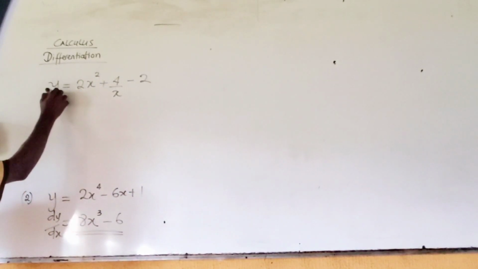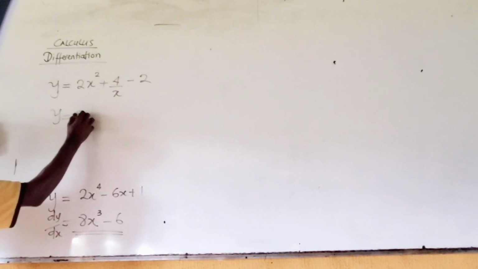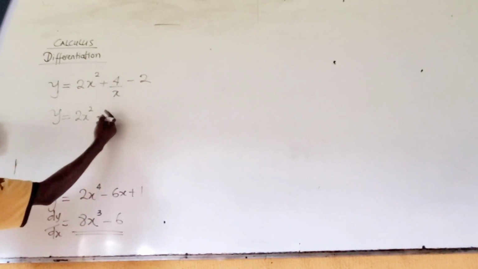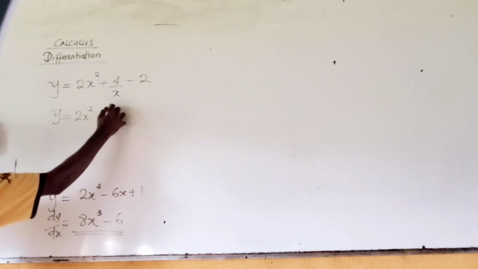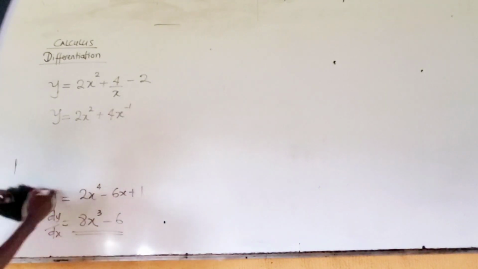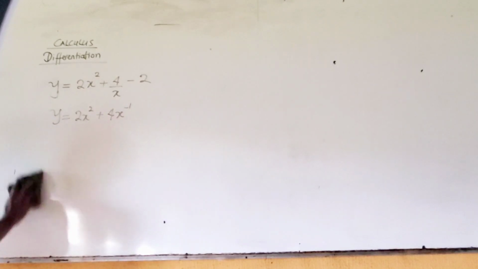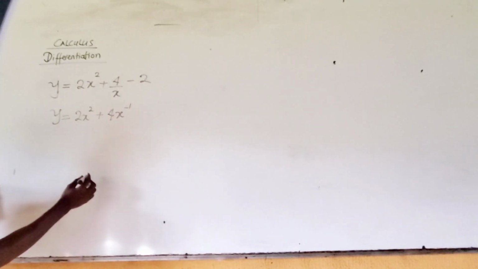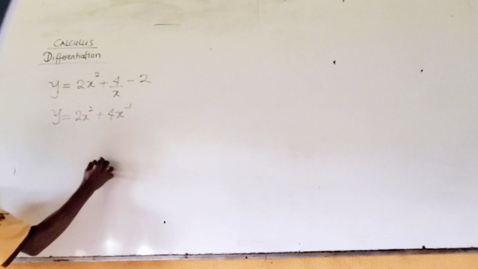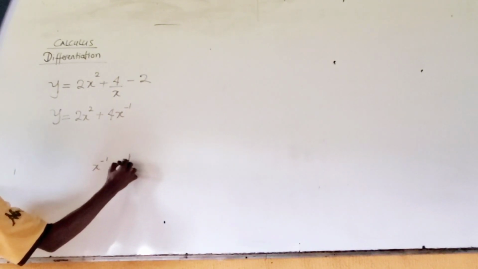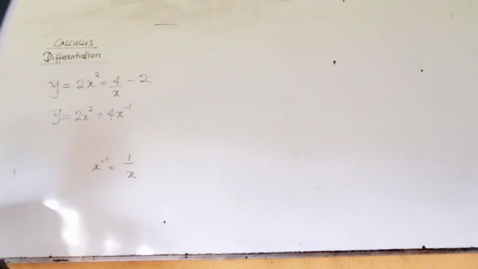Let's rewrite the question by saying y is the same thing as 2x squared plus 4x raised to the power minus 1. That is the negative power law in indices, that states that when a number is raised to a negative power, it equals the reciprocal of that number.